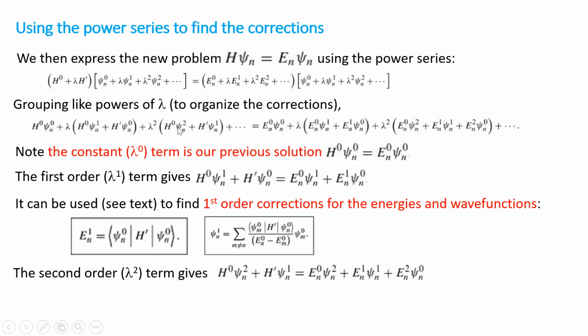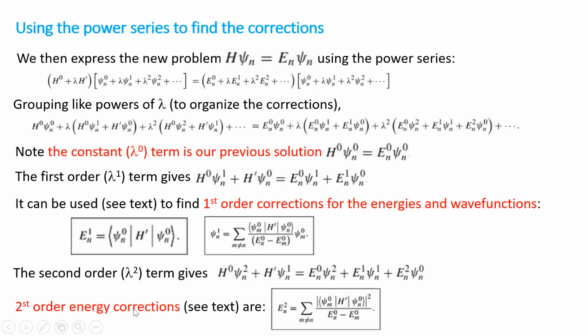That gives H0 psi n2 plus H prime psi n1 is equal to En0 psi n2 plus En1 psi n1 plus En2 psi n0. Okay, so again, a bit of a mouthful, but using the results of the first order energies and some manipulation, we can find the second order energy corrections.